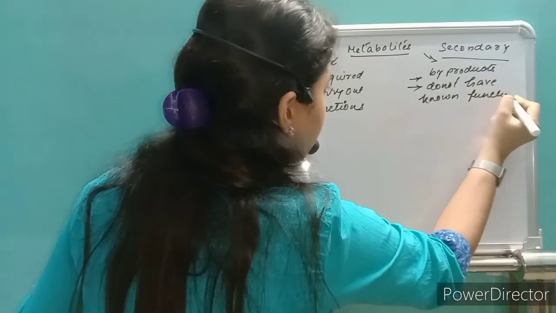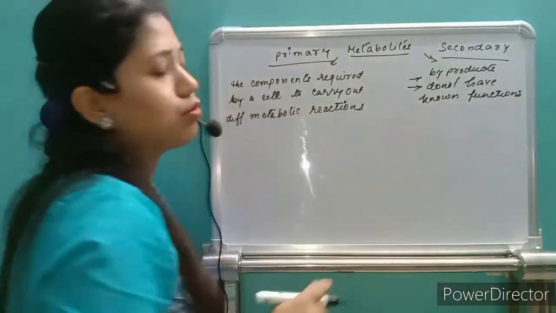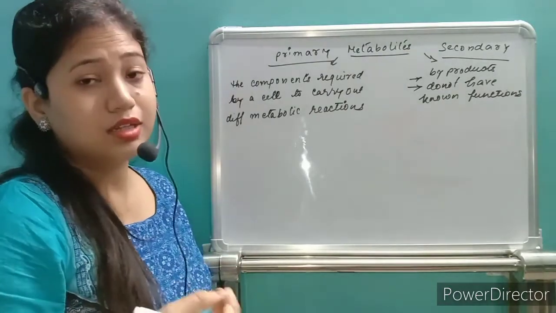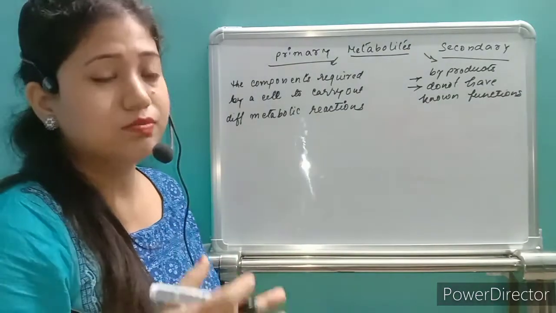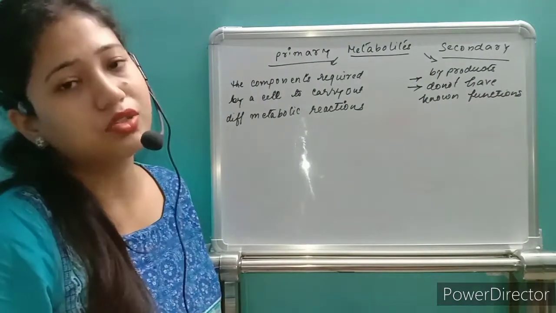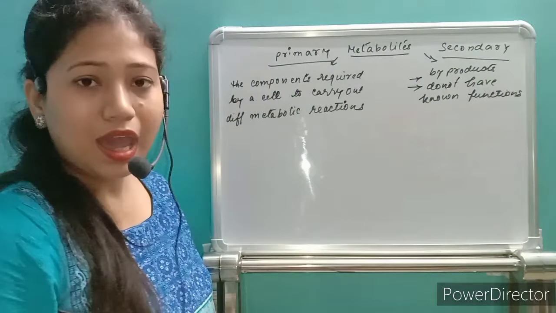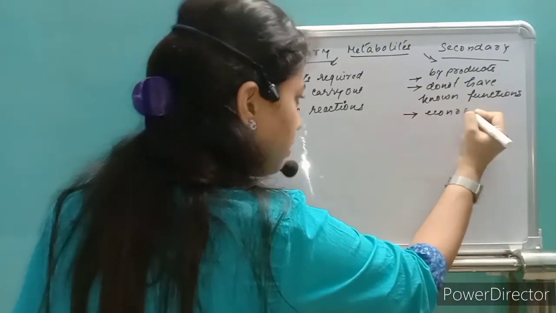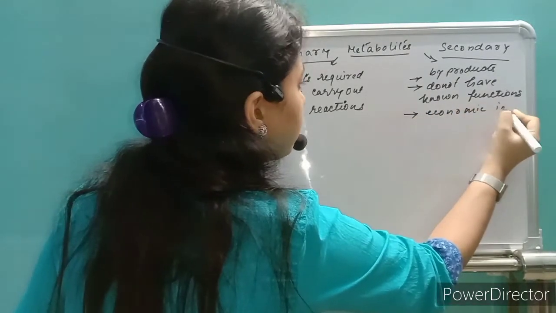So they are called secondary metabolites. There are unidentifiable reasons why a cell actually produces such byproducts. They may have different economic importance.